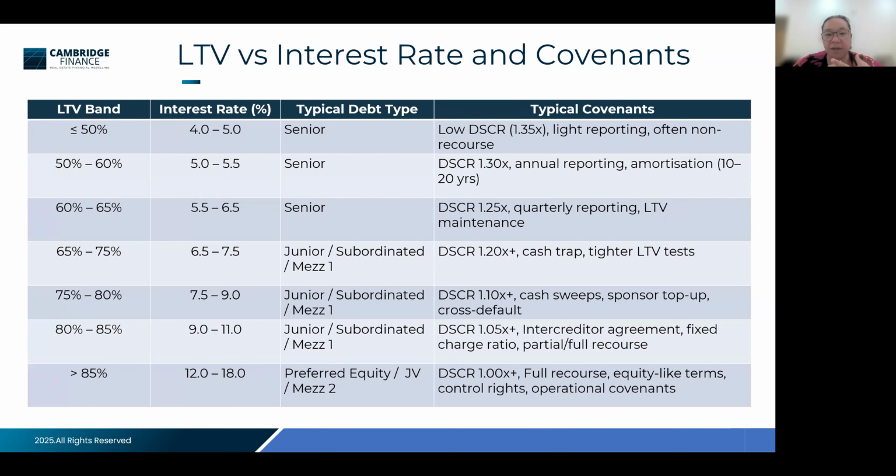So the higher the security, in terms of senior, the higher the covenant you're going to need: the debt service coverage ratio, the income coverage ratio, the interest coverage ratio, and also the loan to value. Okay, so this is just to highlight the direction of travel in terms of loan to value, which is the riskiness, the interest rates, and the typical requirements for these kinds of loans.